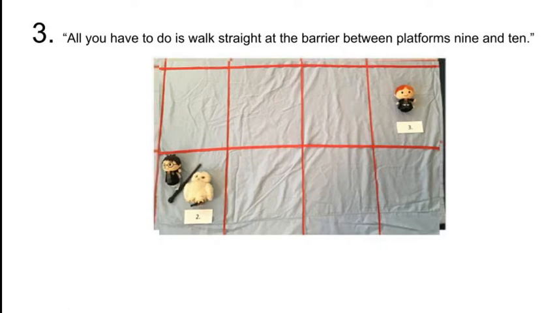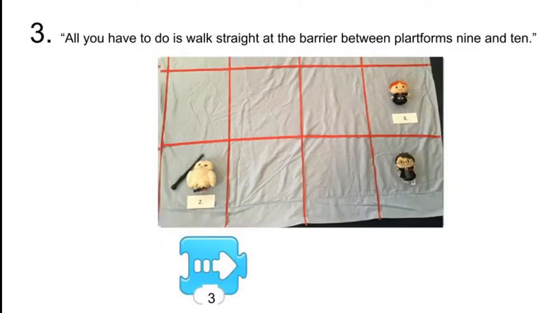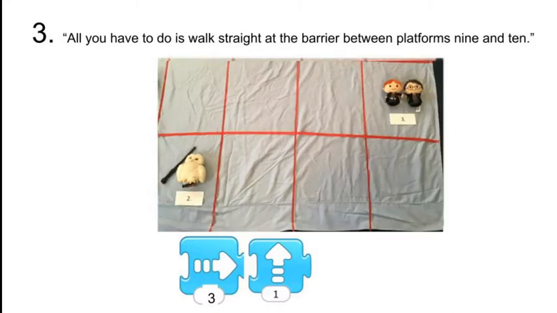So we need the right motion block, but we're going to need to change the number from a 1 to a 3. There we go. Alright, let's move him. Now he's almost there. We need to move him up 1. There he is. He's met Ron. They're on the train and on their way to Hogwarts.